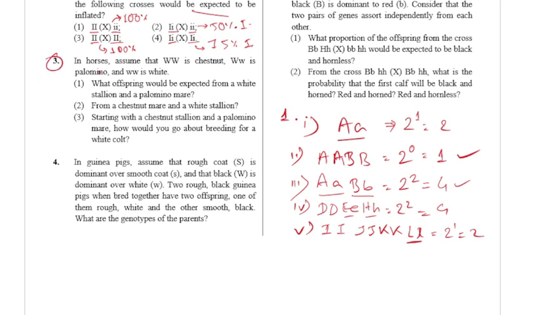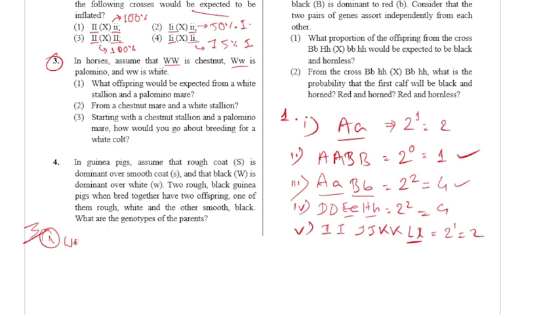Question number 3. In horses, assume that capital W capital W is chestnut, capital W small w is palomino, and small w small w is white. This is an example of incomplete dominance. What offspring would be expected from a white stallion and a palomino?